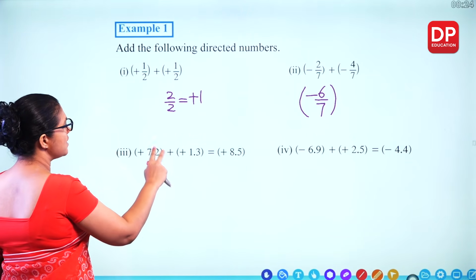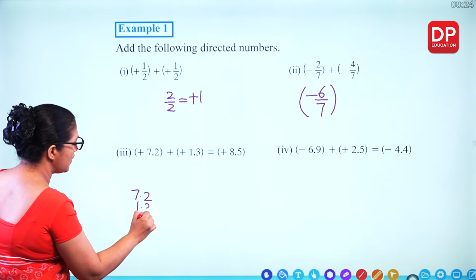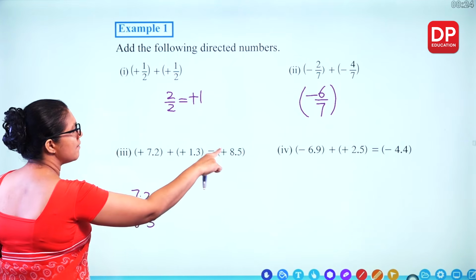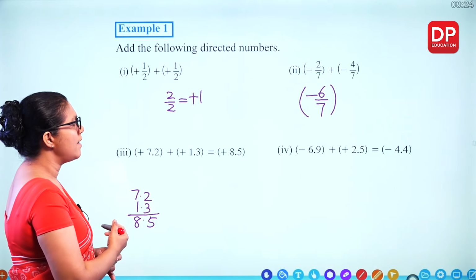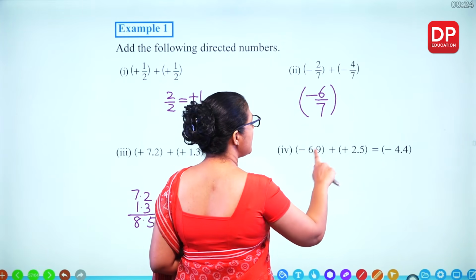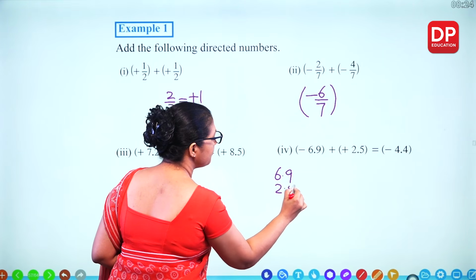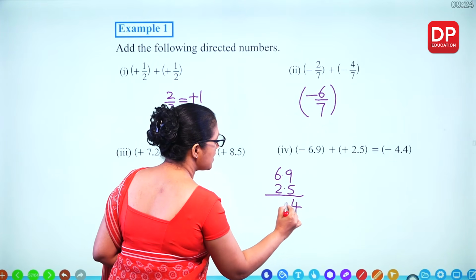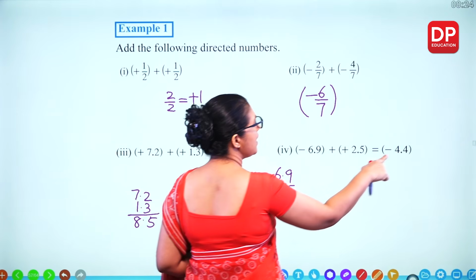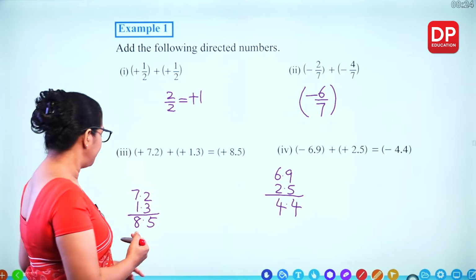Both numbers positive. So you take the addition. 7.2 and 1.3. You get 8.5. Both positive. So positive 8.5. Here 1 is negative, 1 is positive means take the difference. Difference is 4.4. Which one is bigger? 6.9 is bigger. So you put the negative sign.